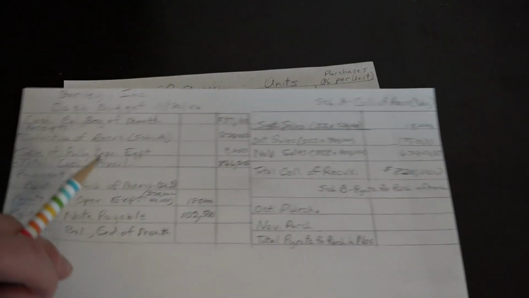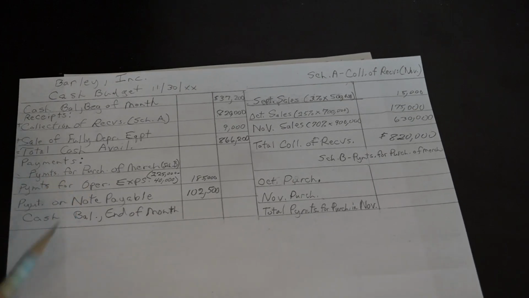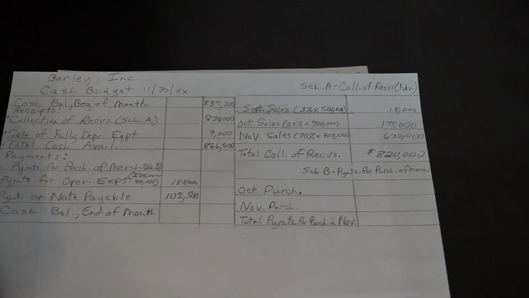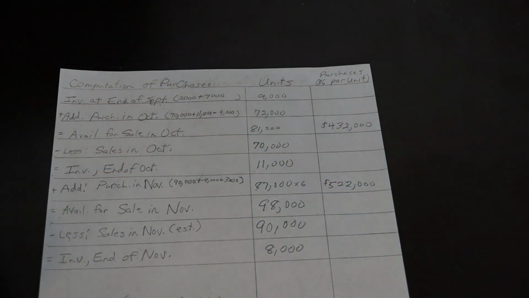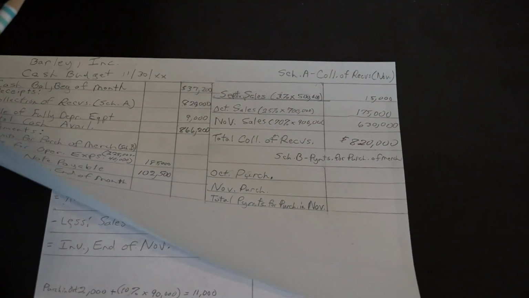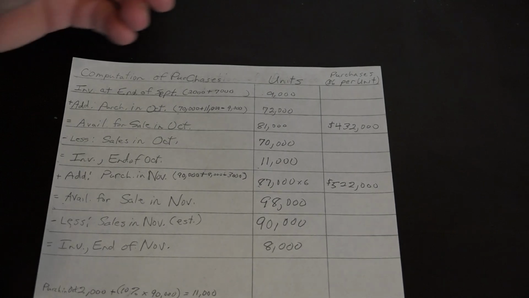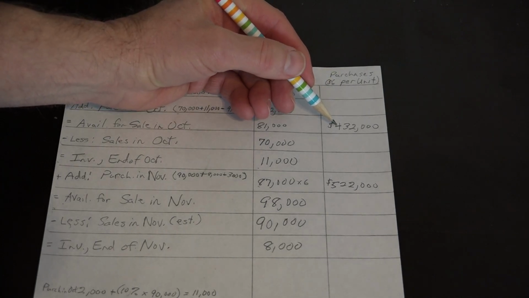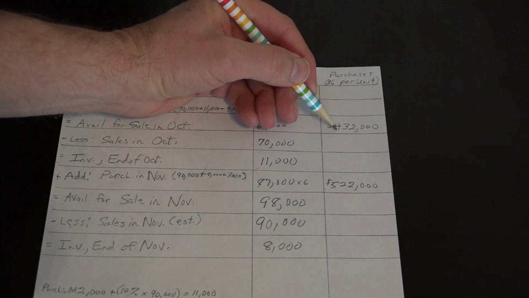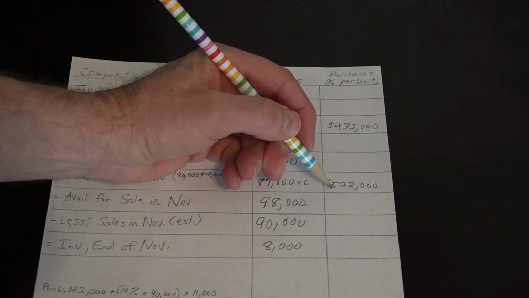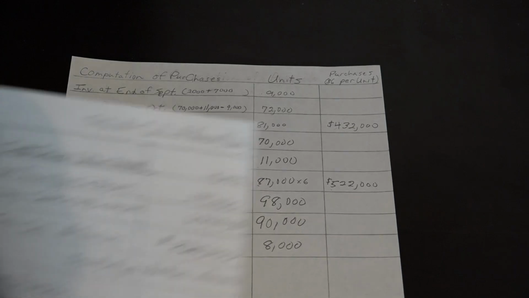And so how that relates to this Schedule B and the cash budget is that our purchases in November and October are going to amount to, as it says, a cash outflow equal to 50% of 432,000 and 50% of 522,000.